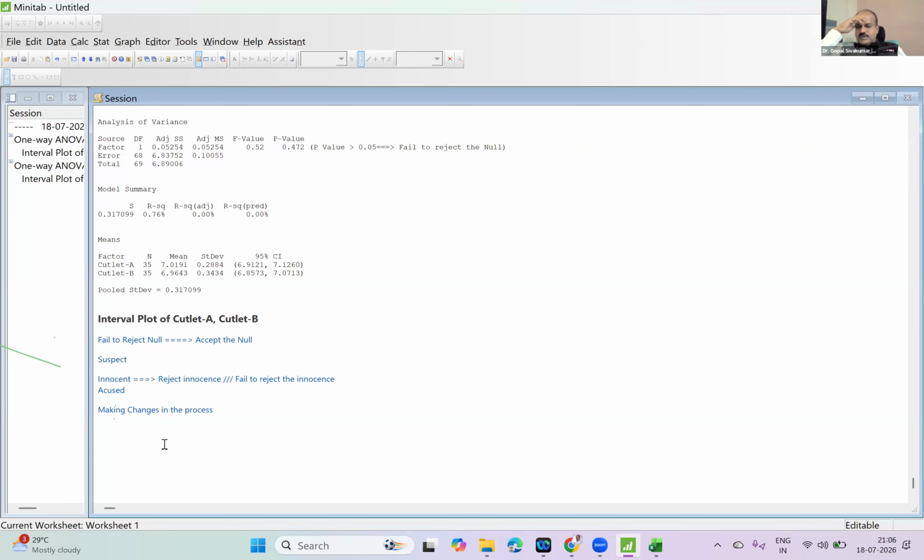The important rule is that your changes should never destroy the existing result. Is it important or not? And that is why we make changes in the process only if we are able to reject the null hypothesis. If we can reject the innocence, only then do we make changes.